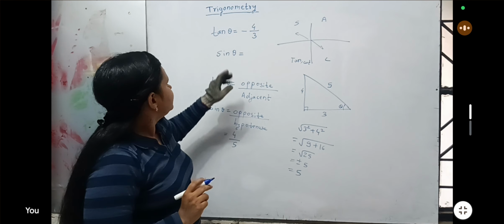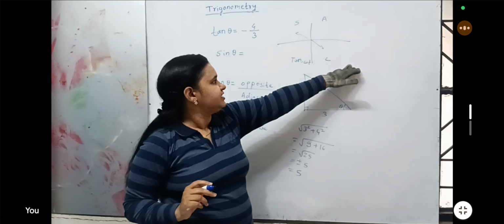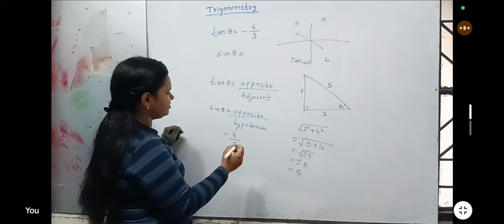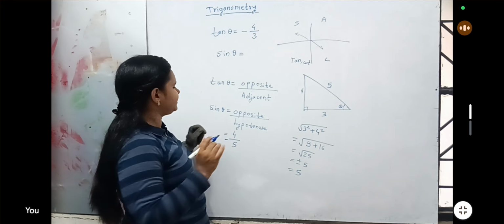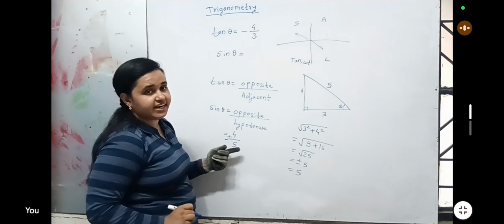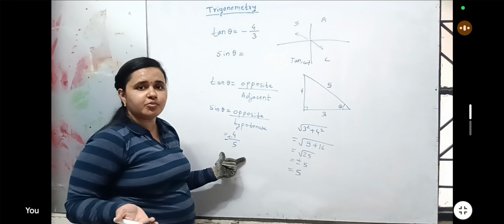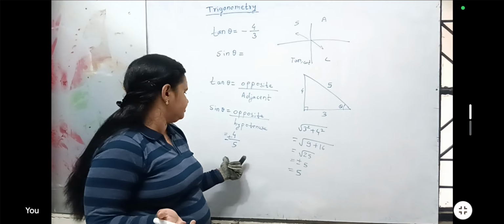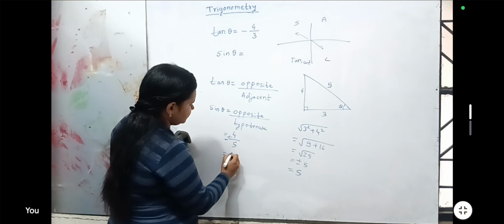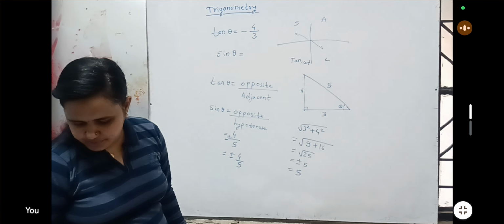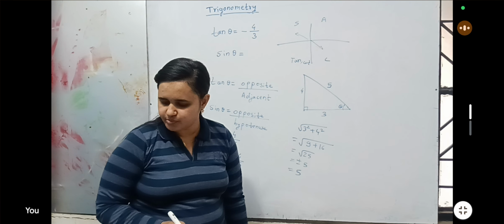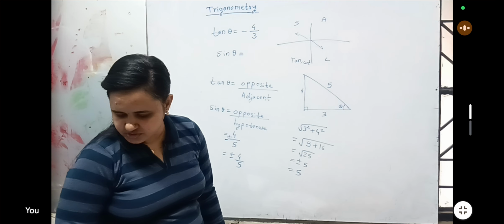If it is in the fourth quadrant, sin can be minus, but if it is in the second quadrant, sin can be positive. So we can't guess if it is plus 4 by 5 or minus 4 by 5. So we write plus minus 4 by 5. Our answer will be minus 4 by 5 or 4 by 5, that is the second option.